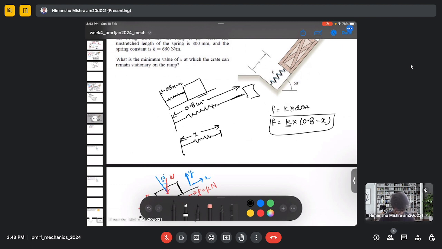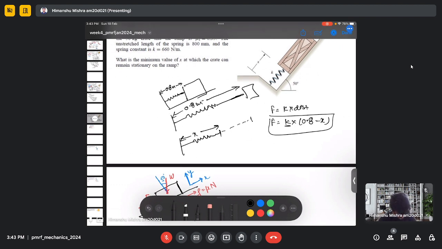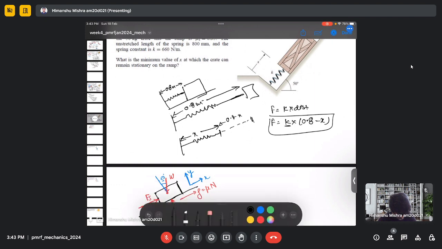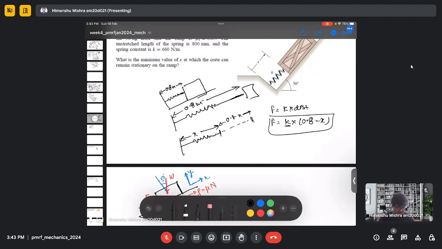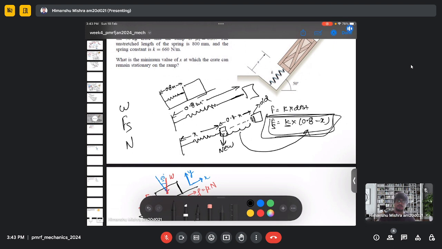It will not move further, and we need to find that length x. So the force we have is the spring force, which is given by this relation, k multiplied by the distance it covers, 0.8 minus x. This is the old position, and this is now the new position of the crate. So this is one force. The second force is the weight of the crate, and the third force is the friction force, and there is a normal reaction due to the friction force.